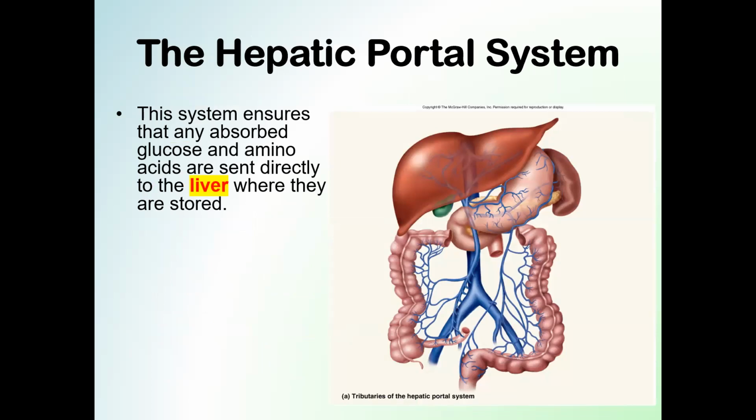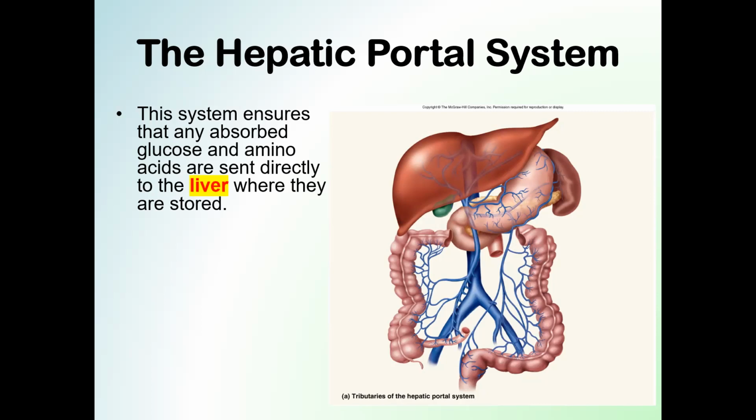The hepatic portal system is very, very important. So as the nutrients get absorbed in the system, the glucose has to go straight to the liver where it's stored.